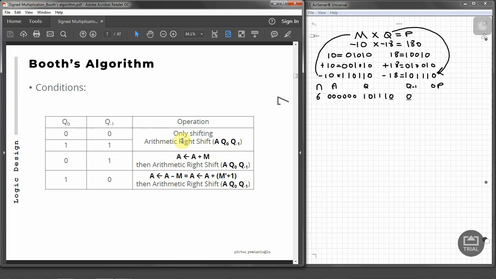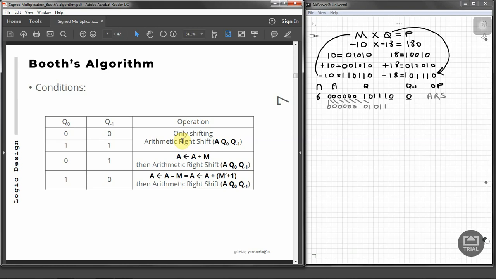That means this is going to be shifted: 0 0 0 0 0 0. That 0 will be shifted over here because that's representing both. That's that one, that's that one, that's that one, and that's that one. So 1 0 1 1 1, and that 0 will be shifted to the right.